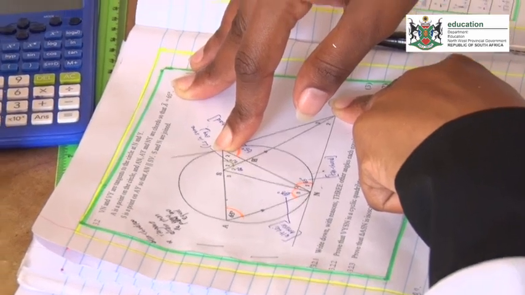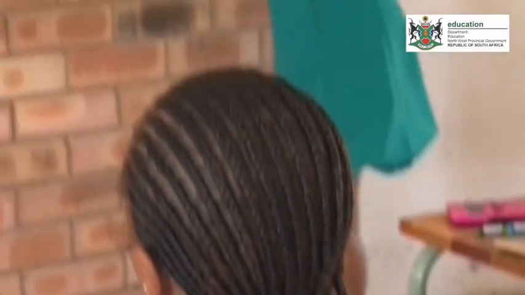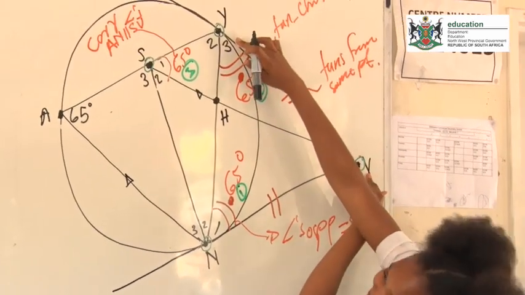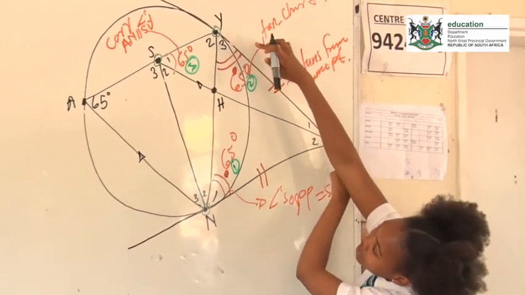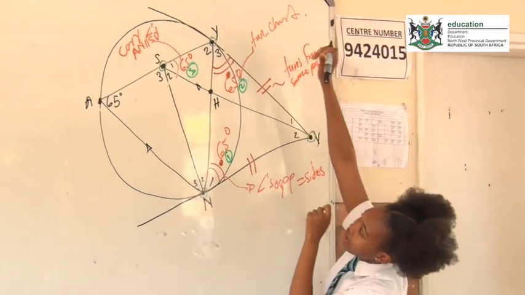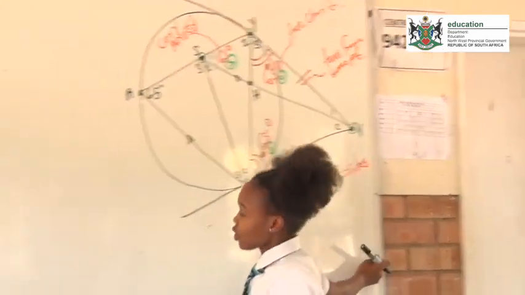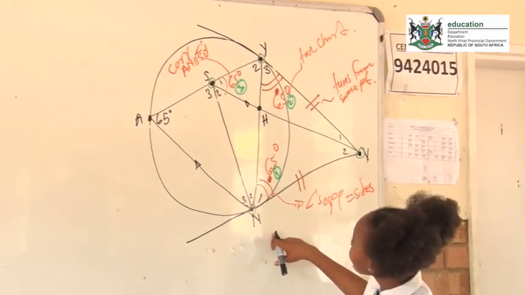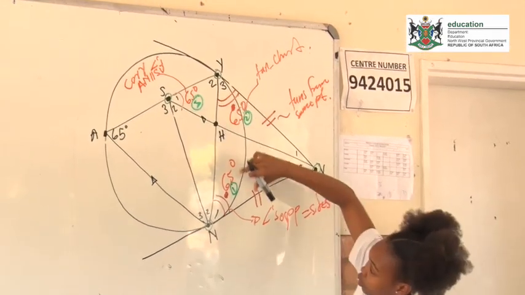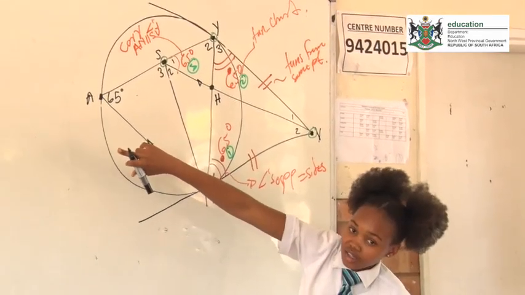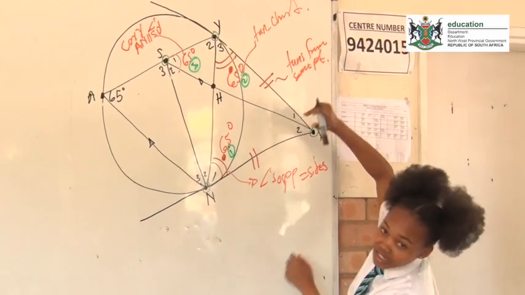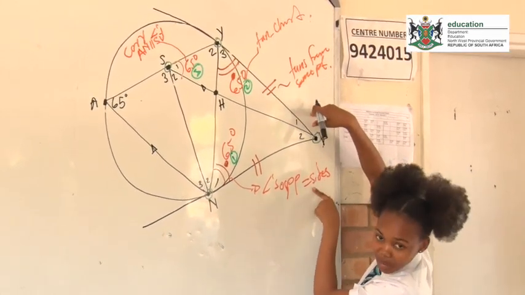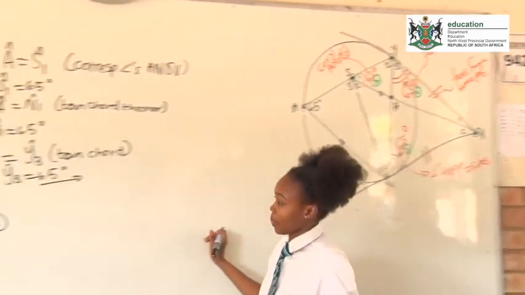It's going to be angle N1. And then we're also going to see which other angle they subtend. Which one is it going to be? S1. So, yes, continue. N1 and angle S1. They are equal, right? Yes. We proved that in 2.1. Which means that it's going to be converse angles in the same segment. Yes. Good.